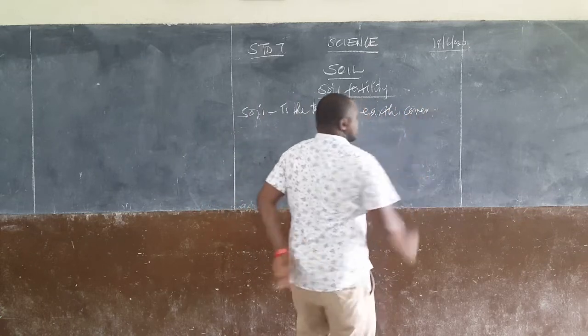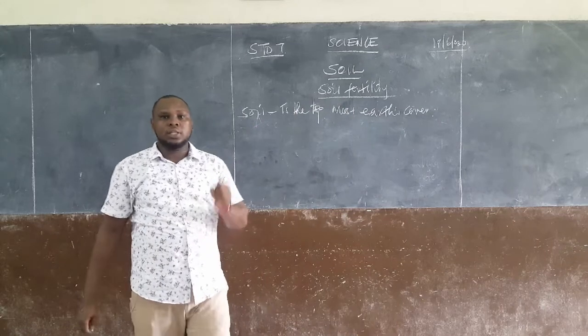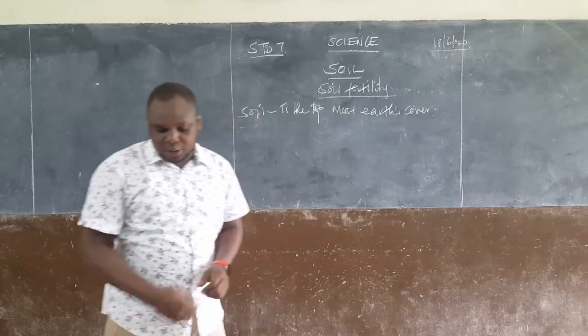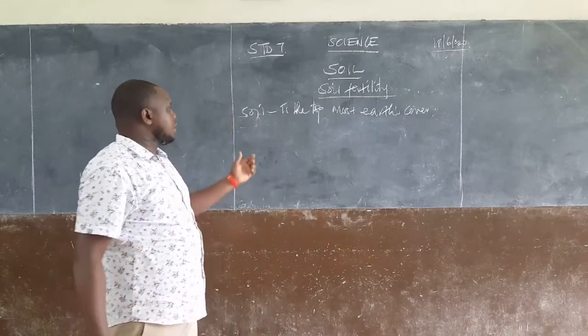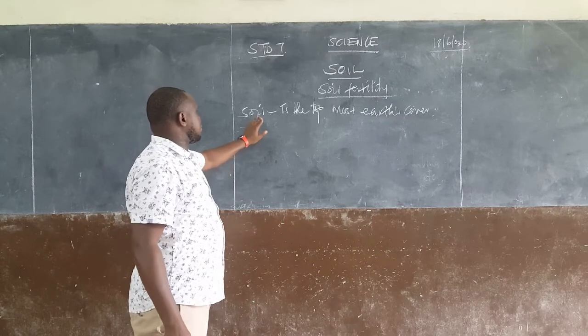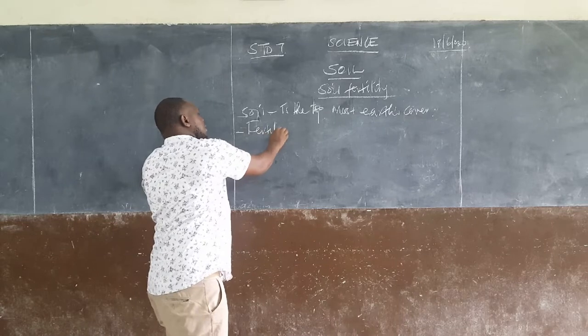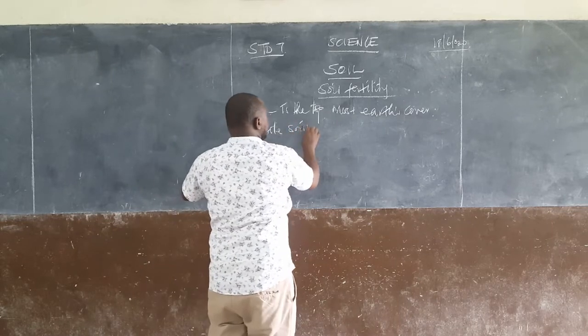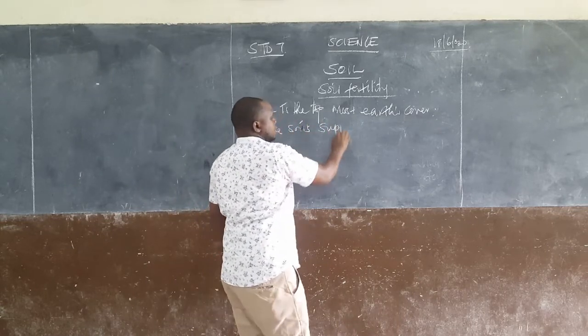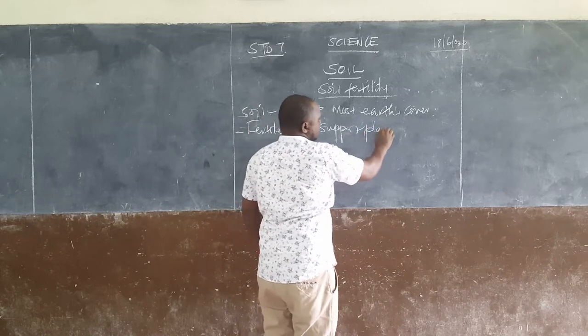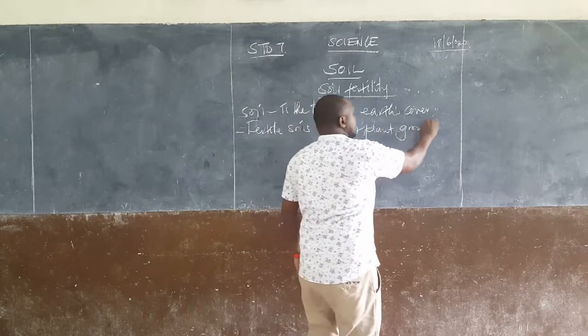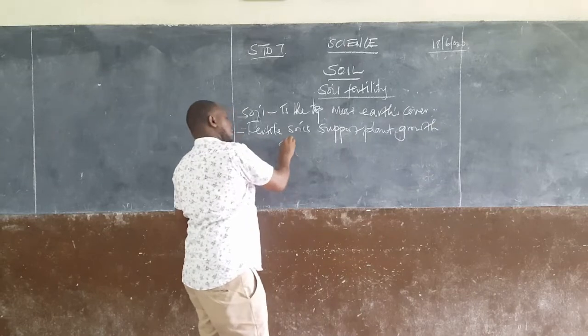So what covers the earth on top is the soil. Again, for this soil to be able to support plants for a long time, it must be fertile. Fertile soils support plant growth and development.